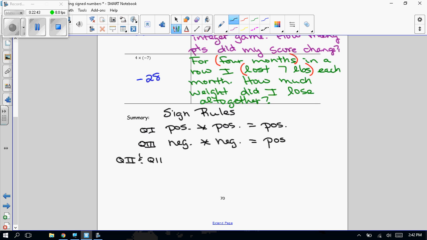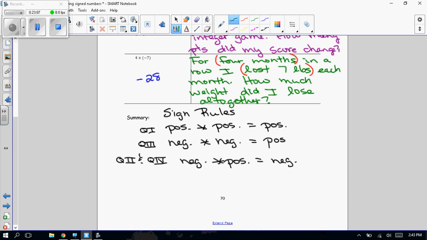Oops, help if I would write that correctly. Quadrant 2 and quadrant 4, I had a negative number times a positive number. Or it was a positive times a negative, but either way, commutative property lets me flip-flop those. So what kind of answers did I get in quadrants 2 and 4? They were always negative.